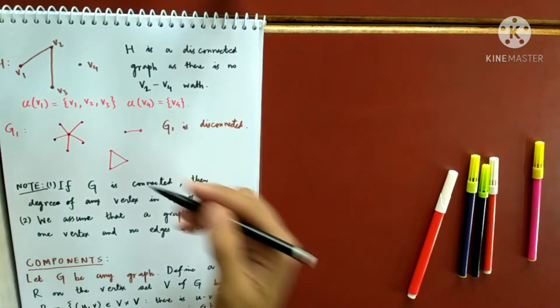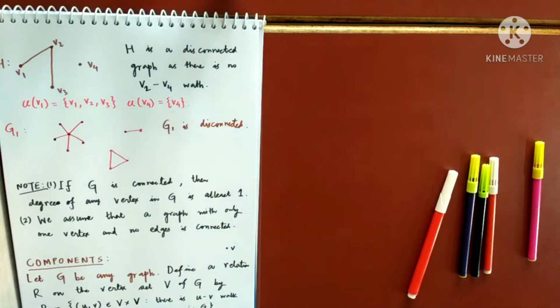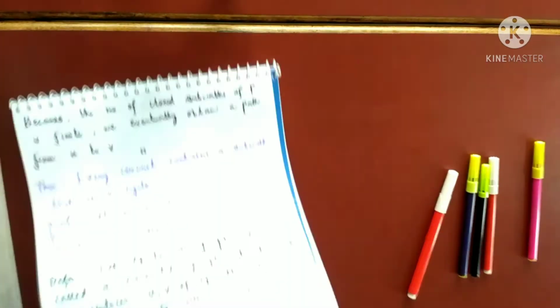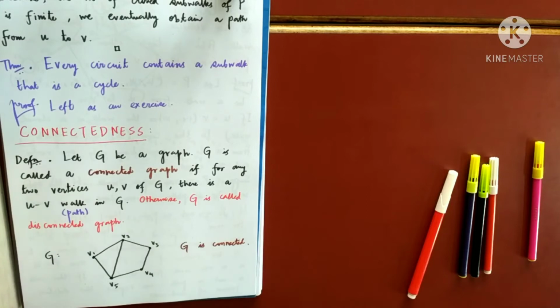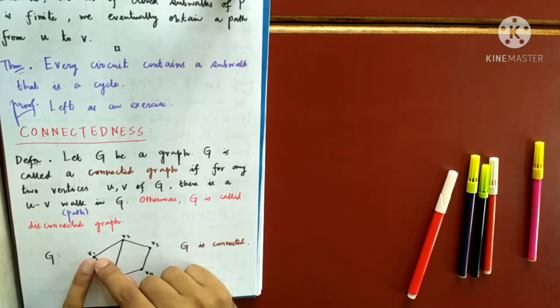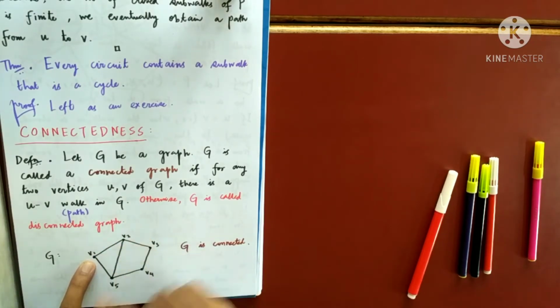So three equivalence classes here. And for the last one, how many equivalence classes will there be? Can anybody tell me? Very good. Only one equivalence class, because I can find a walk from this vertex to any other vertex. So the class will contain all the vertices.